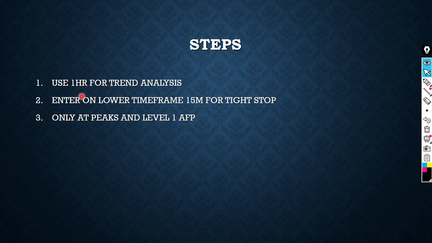After you identify that you have a clear 1 hour trend market maker cycle, you will then enter the trade on a lower time frame, following all the rules of the 15-minute entry on the daily cycle. So you are only taking trades at peaks and level 1, which is away from peak.